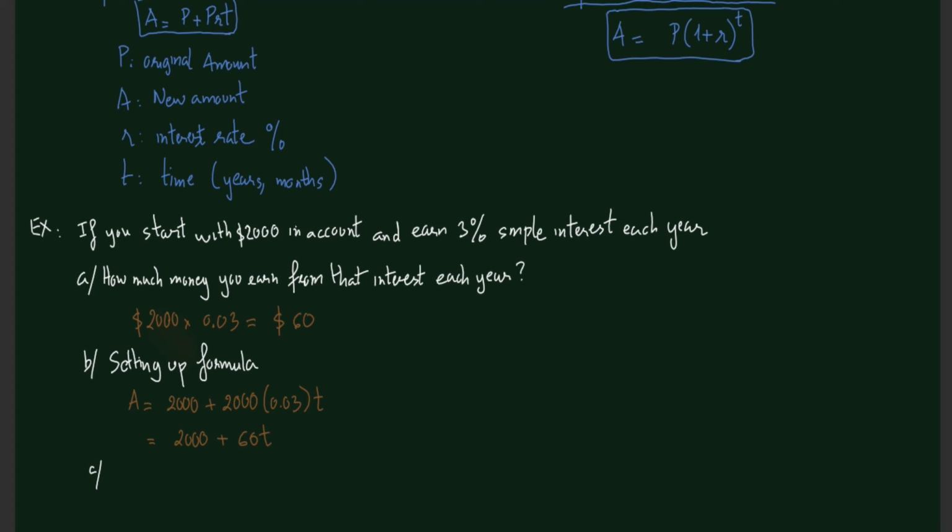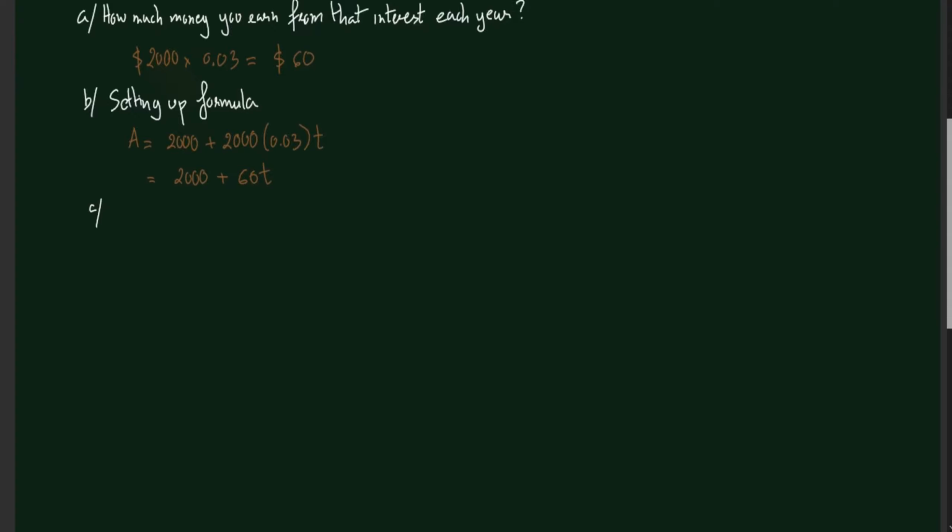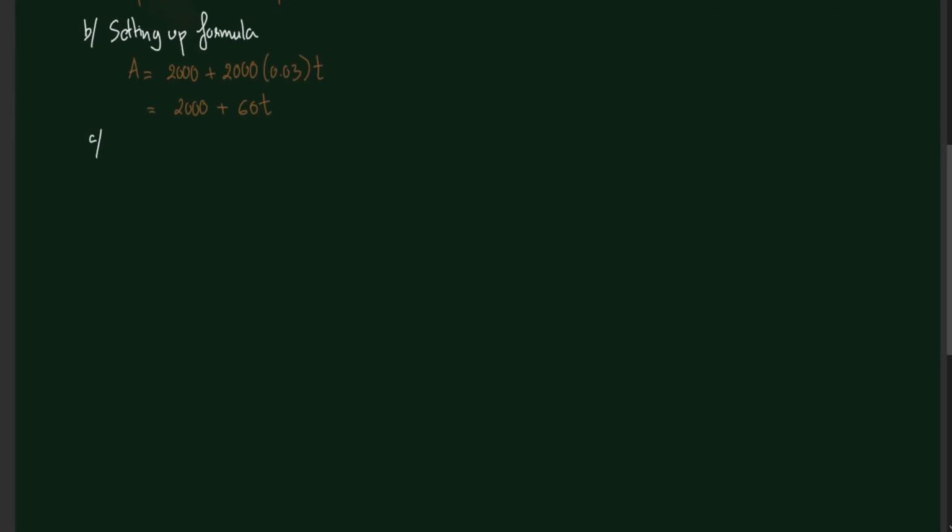So they give you a table like this. Over here is T, and over here is the formula.